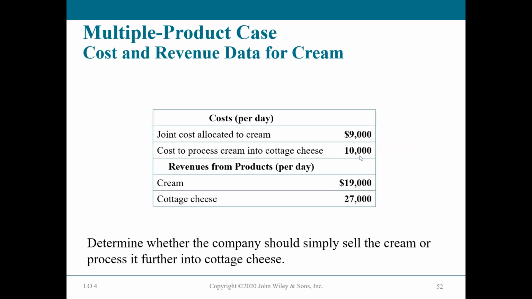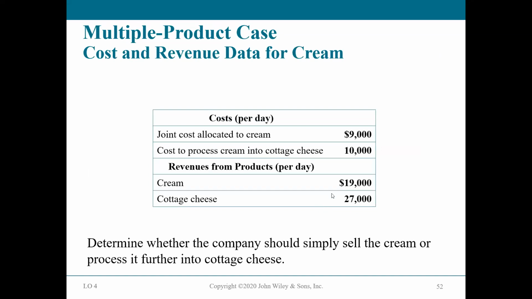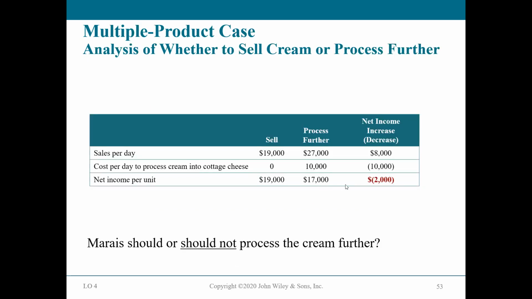Okay, so sales from cream versus if we process further would be 27,000 in revenue. But the cost to process cream and the cottage cheese would be an additional 10,000. So therefore, our net income would actually decrease by $2,000 if we process further. We should not.